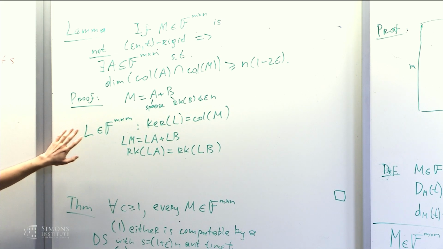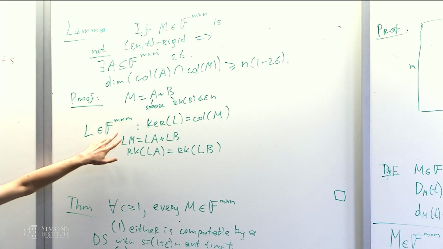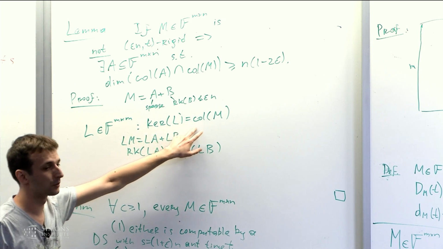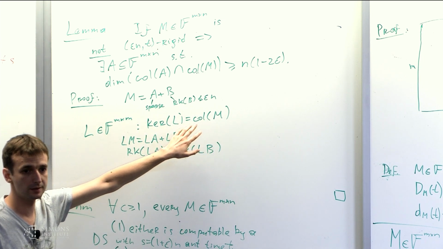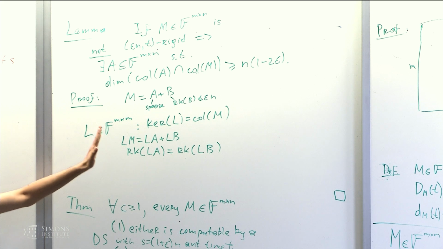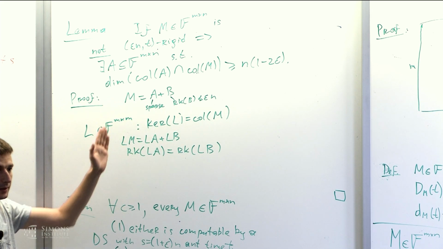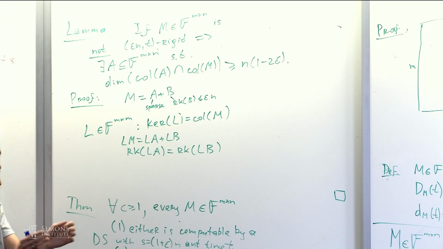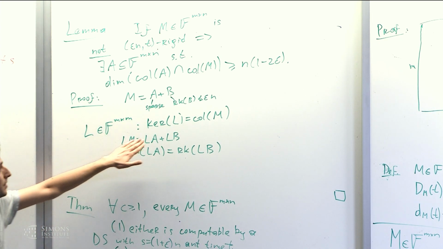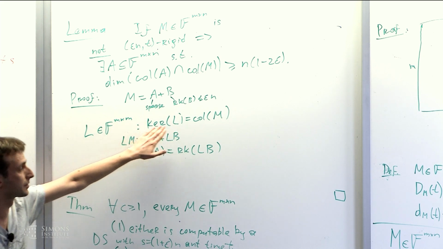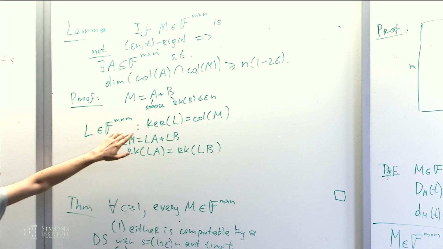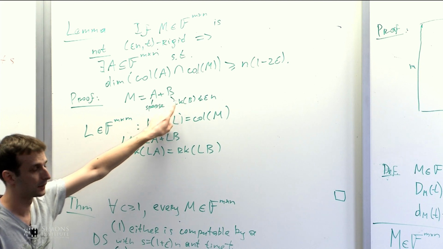Now let me define a linear map L such that its kernel is exactly the column space of M. I can always easily do this. I take any basis of M, say that you output 0 on this basis, and then I extend this basis to a basis of the whole space and say the identities are extended by linearity. So it's easy to construct such an L whose kernel is exactly the column space of M. Now let me apply this L to this equation.